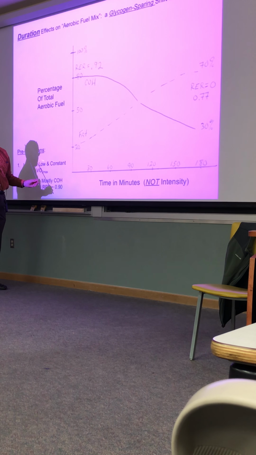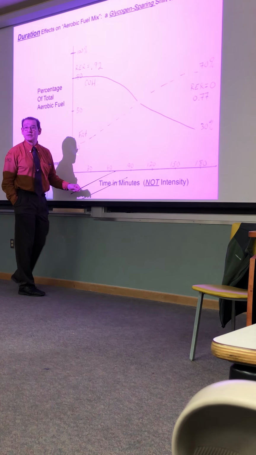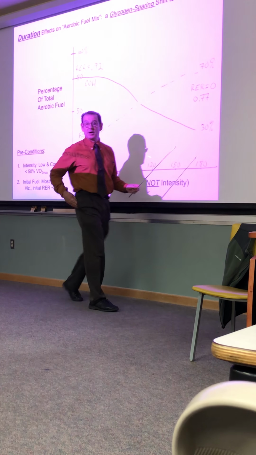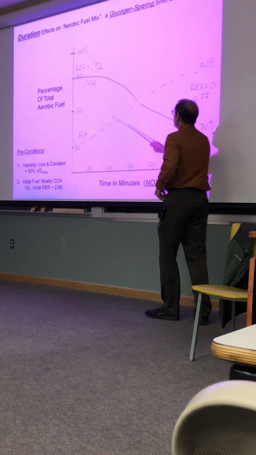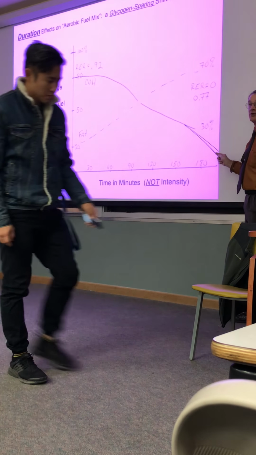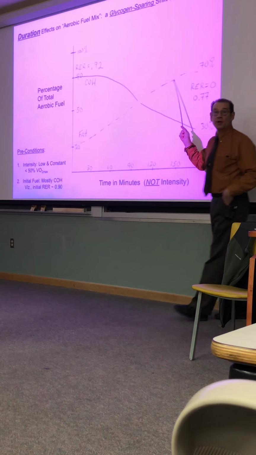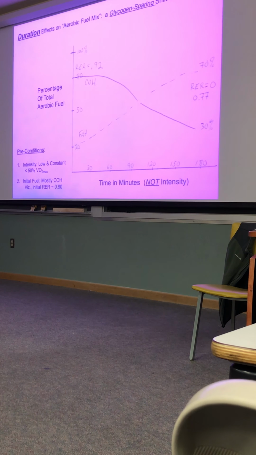And it's light work. Now, as you go on through time, this is like going for a long hike, going for a 3-hour hike, 6-mile hike. Notice that the amount of carbohydrate you're using falls off, and the amount of fat that you're using goes up and up and up. All right?